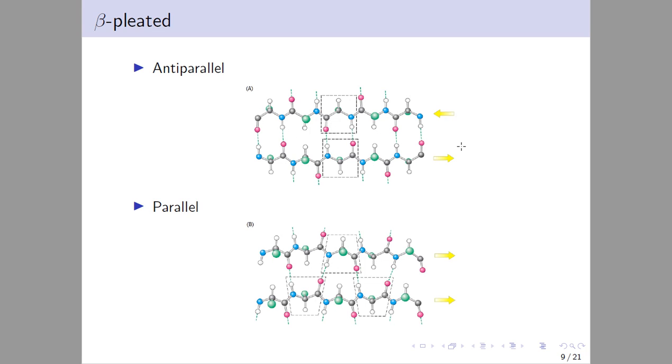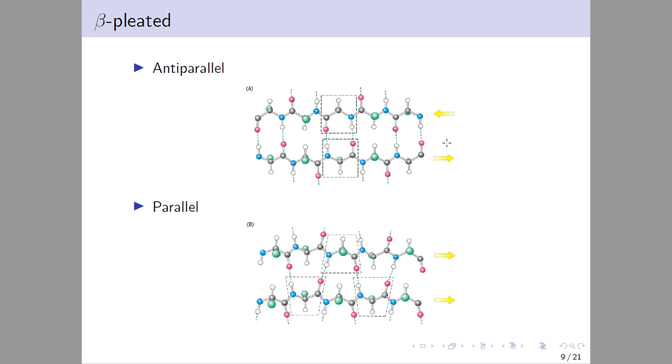Okay, these are anti-parallel. One goes here, there, and one goes. You can see, let's say these are the nitrogen, and here we have this nitrogen.